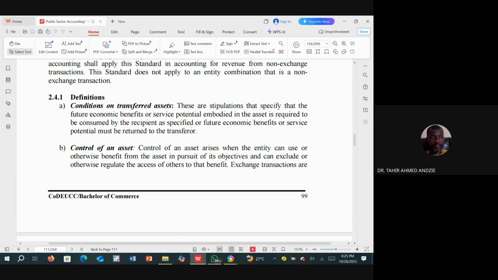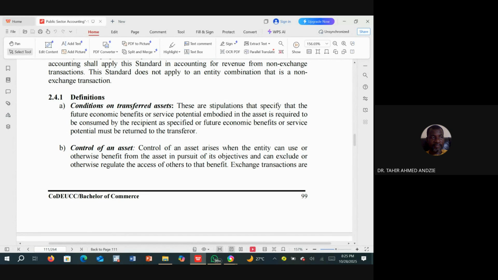You are supposed to consume the future economic benefits or service potential of that asset the way the donors have specified, or they must be returned to the transferor. So if you cannot use it the way it has been specified, then you return it to the transferor. That is what we call conditions on transferred assets.